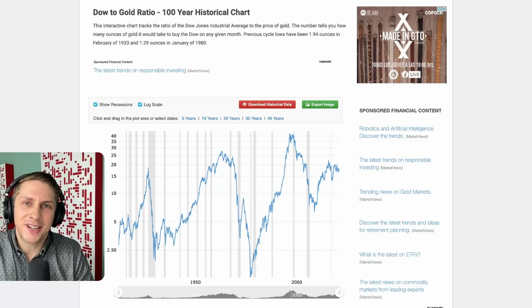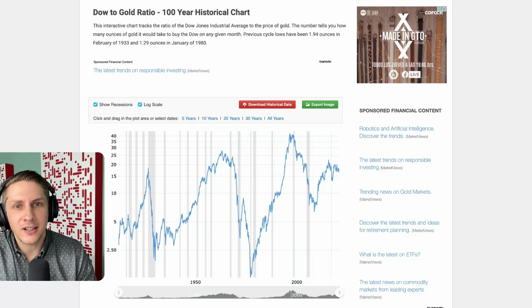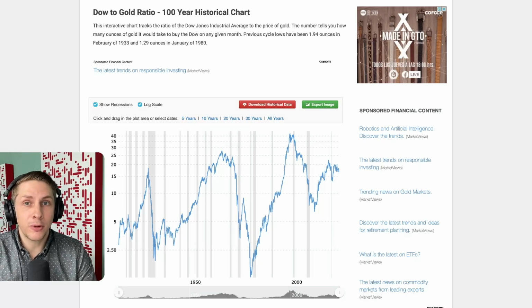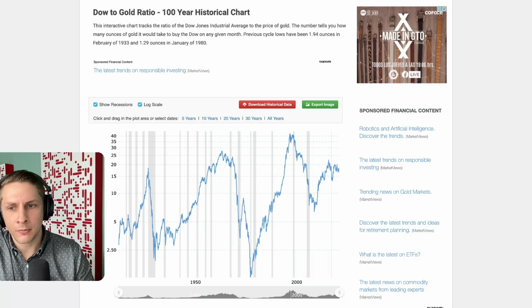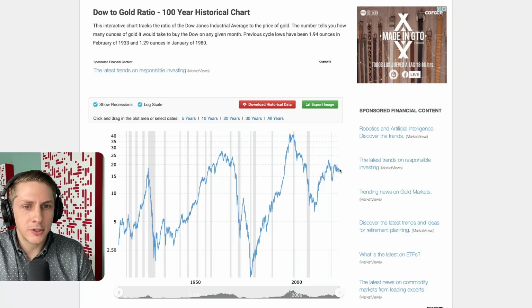Okay, so checking out the price action of gold over the last many years gives us one idea of where gold could go in this bull market, but let's look at it in another way. Let's look at the Dow to gold ratio over the last 100 years. So right now, we're sitting at about 18.